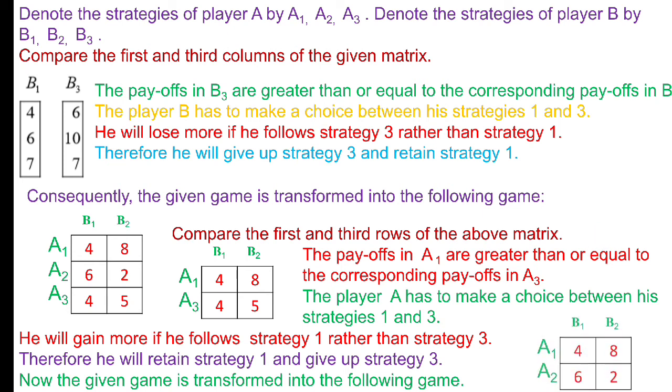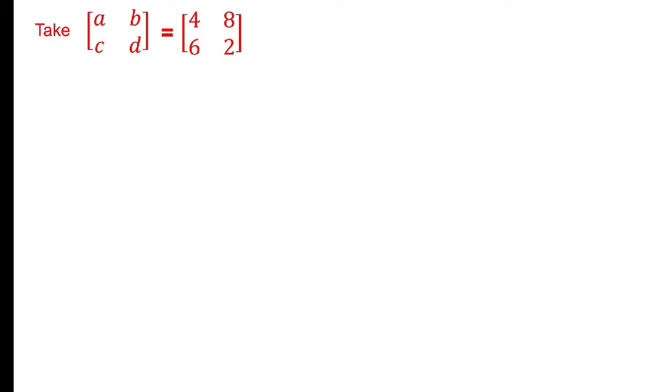Then we'll get the matrix A1 and A2, B1 and B2: 4, 8, 6, 2. Then we can solve by our formula method using the 2 by 2 non-zero sum games formula. So we'll consider here A value is 4, B value is 8, C value is 6, D value is 2.